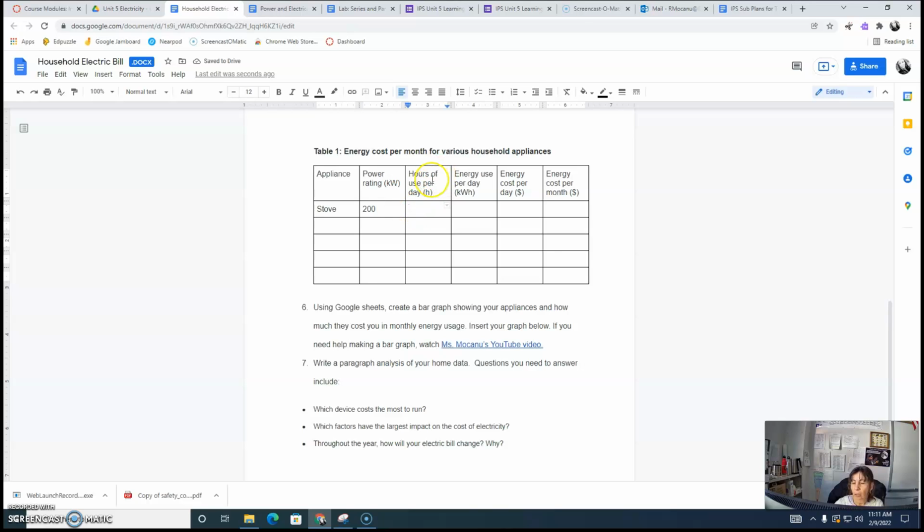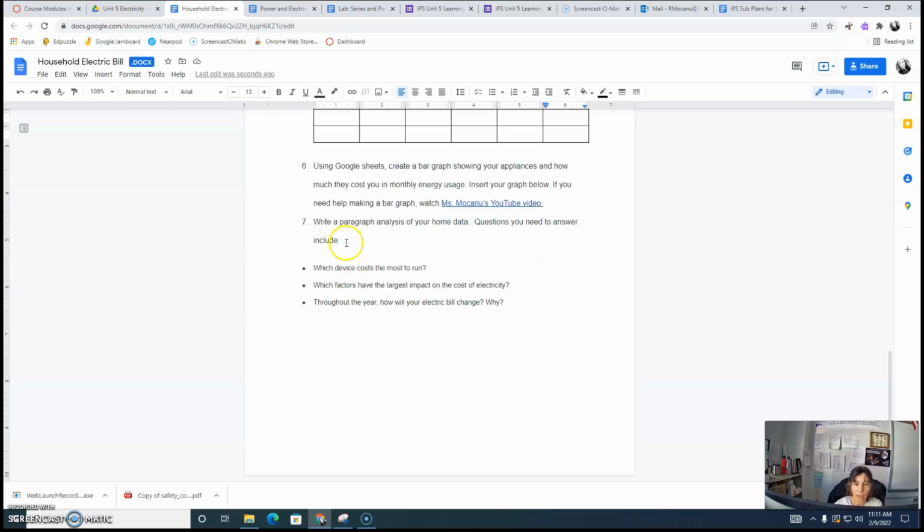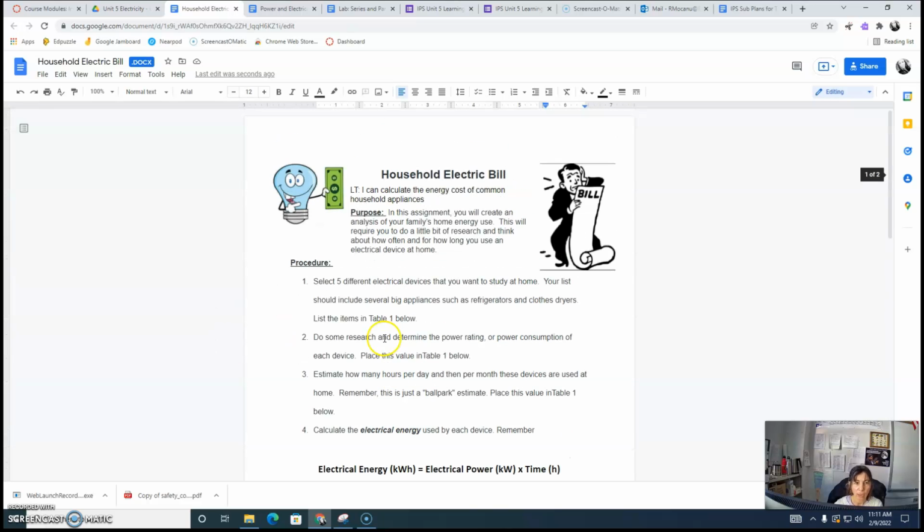How many hours a day do you use that stove? Well, I'm going to approximate that I use my stove about an hour a day. Then from there, you can calculate how much energy your stove is using over that amount of time, how much that energy is costing you for a day, and how much that energy is costing you for a month.